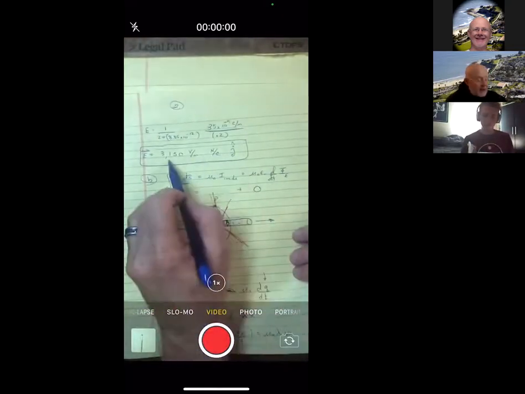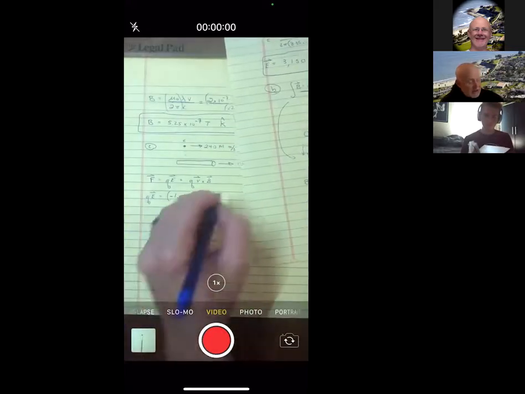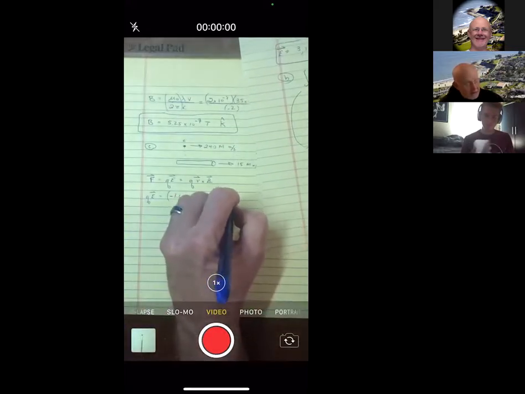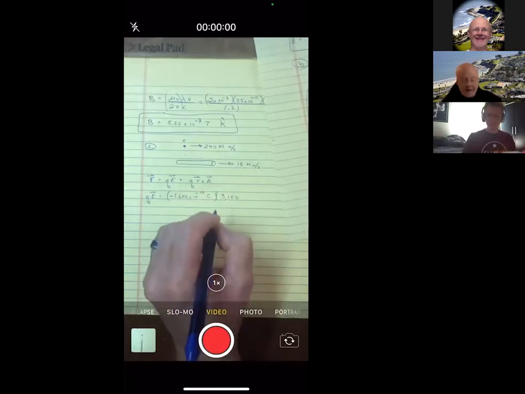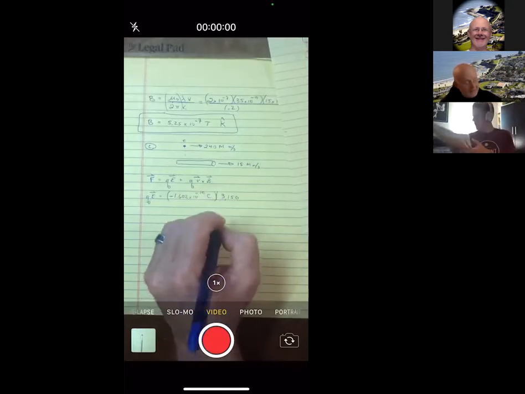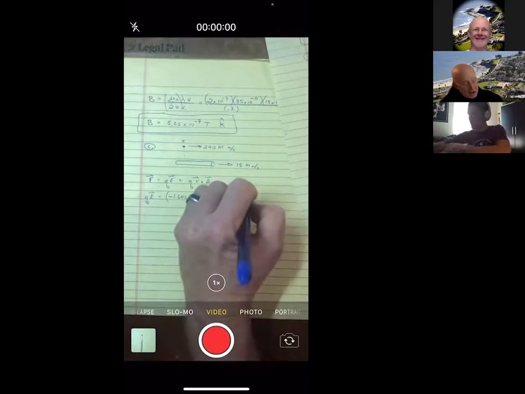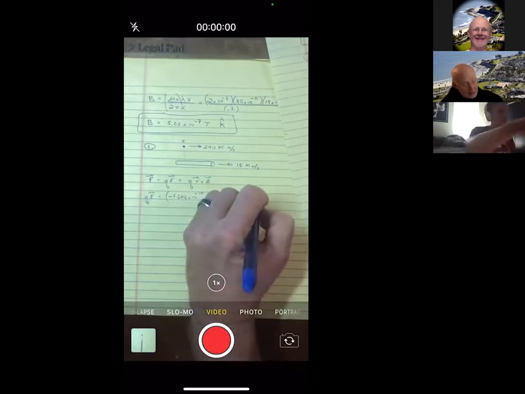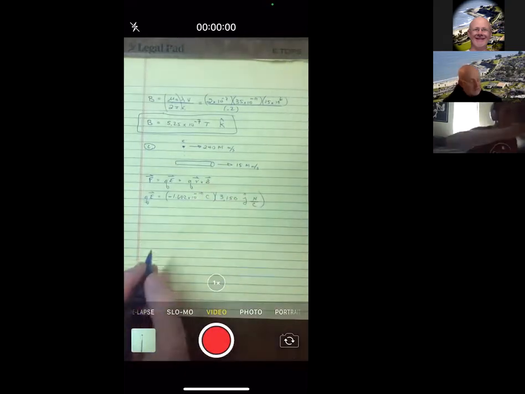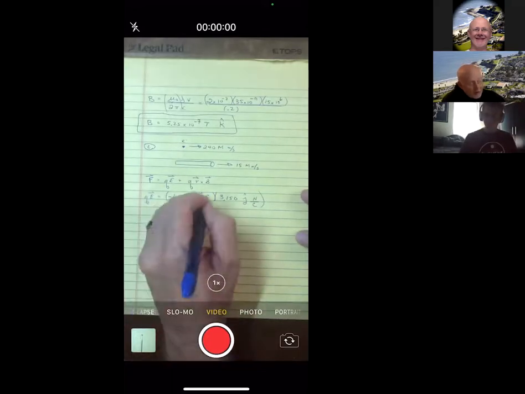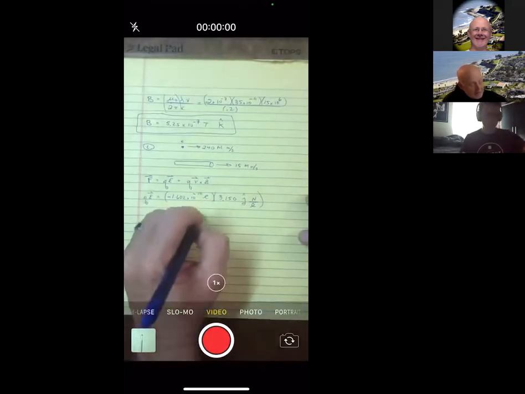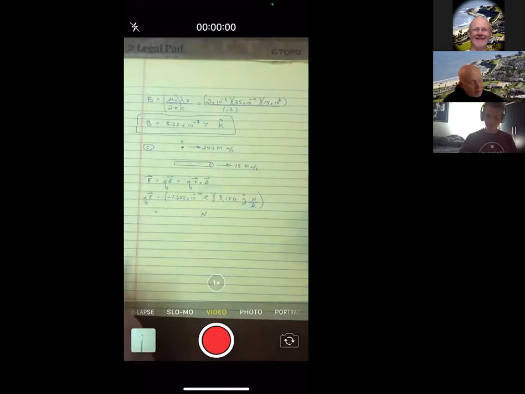And going back to step A right here, we said the electric field is 3,150 in the j-hat direction, and I guess we could write it as newtons per coulomb, so that the coulombs cancel off and you're left with just newtons.